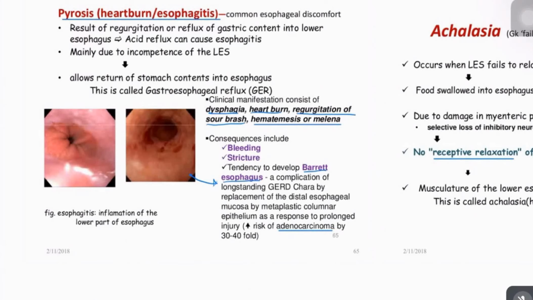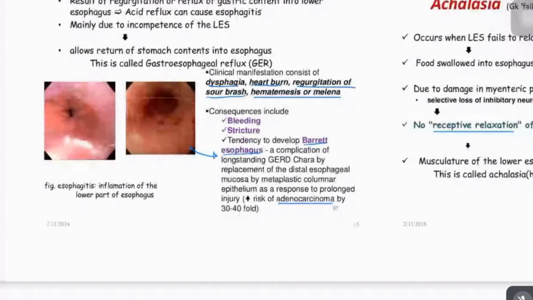That then allows the return of stomach content into your esophagus. And this is what we call your gastroesophageal reflux or your GERD.